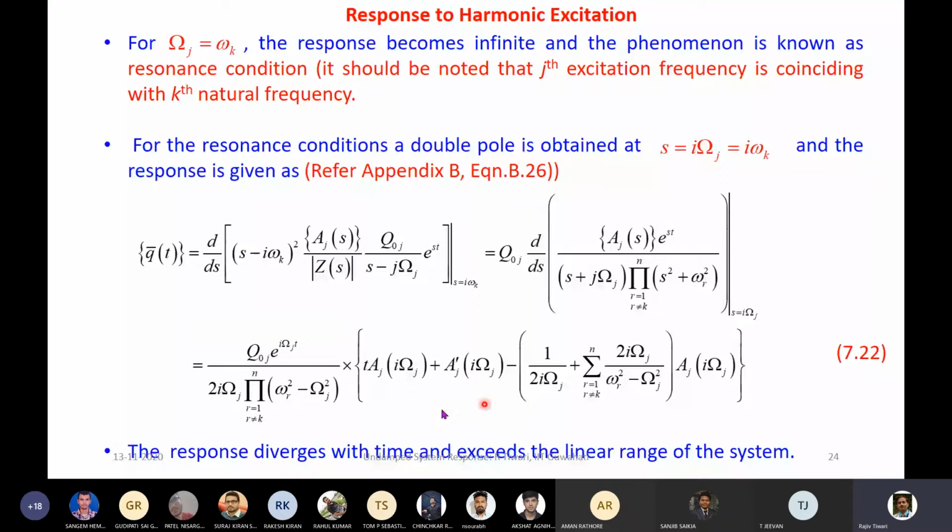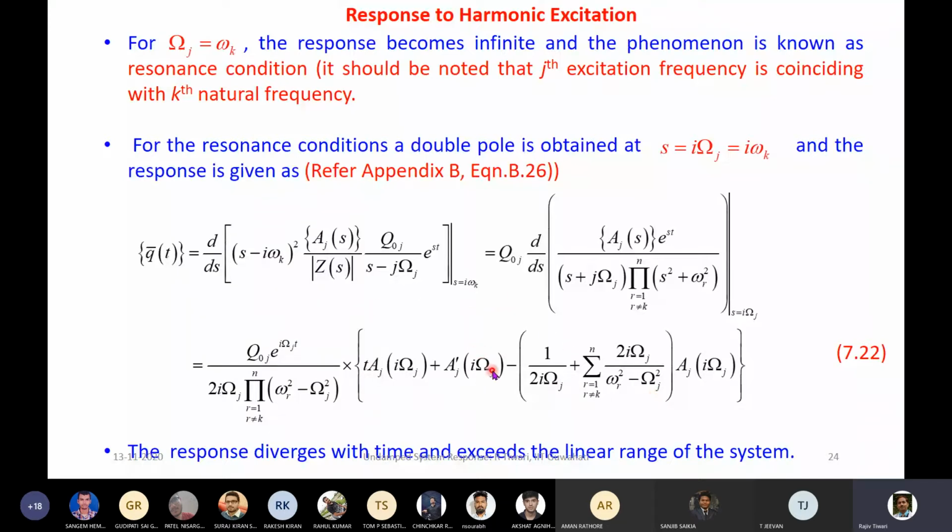So here there is a response at the resonance, and what happens at resonance? The response grows with time. You can see that the response now has a time term in it, so as time increases, the amplitude of the response will increase continuously.